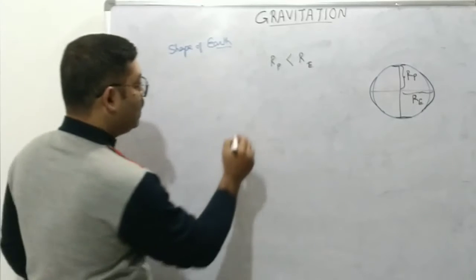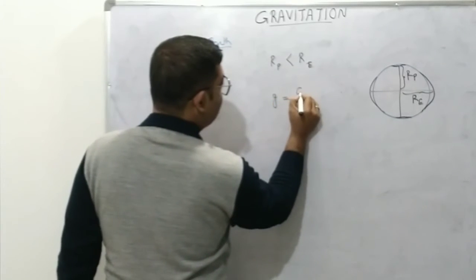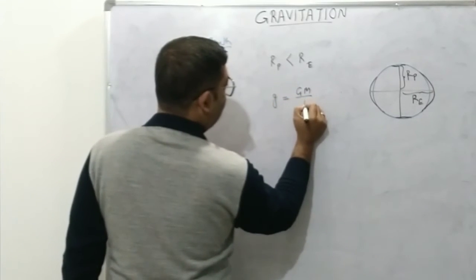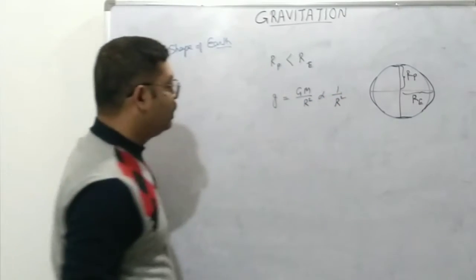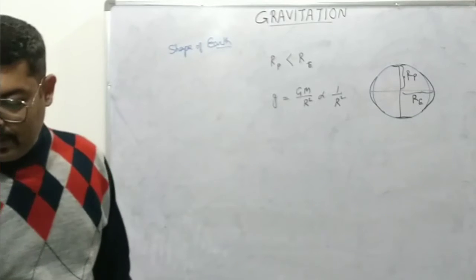Now we also know that acceleration due to gravity g is equal to GM by r squared, which means it is proportional to 1 by r squared, right?